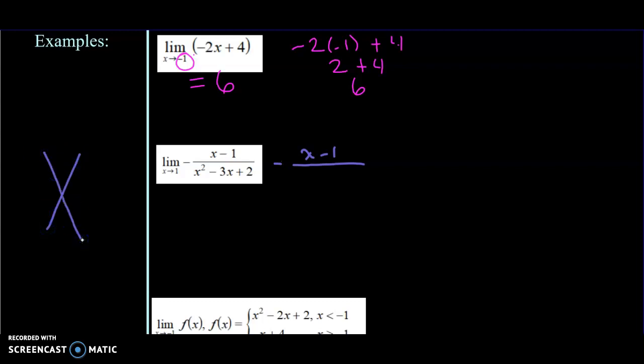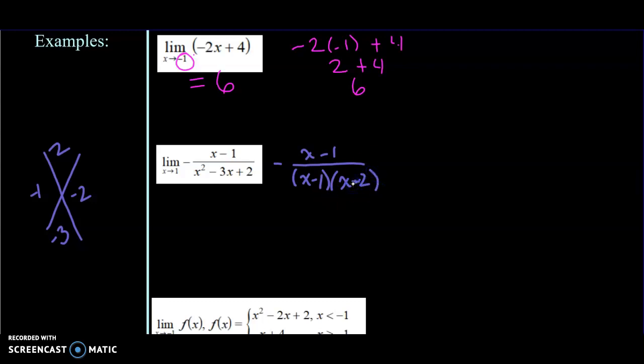Use your method of factoring, but I basically need factors of 2 whose sum is -3, and it would be -1 and -2. So the way I simplify this is x minus 1 and x minus 2.